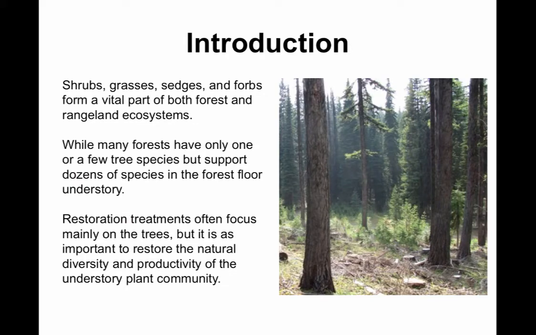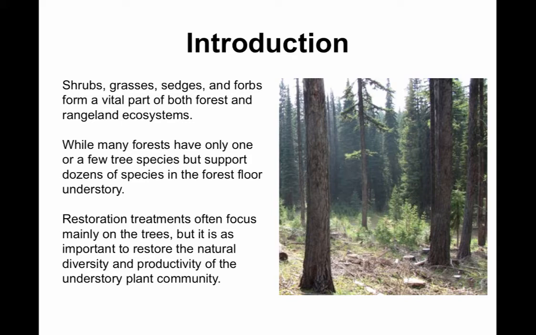And so, as we've seen and as you know from the material we've covered this semester, shrubs, grasses, sedges, forbs, as well as the trees themselves, if we're dealing in a forest ecosystem, are the main components of a rangeland or grassland system, and are all vital parts of forest and rangeland ecosystems.